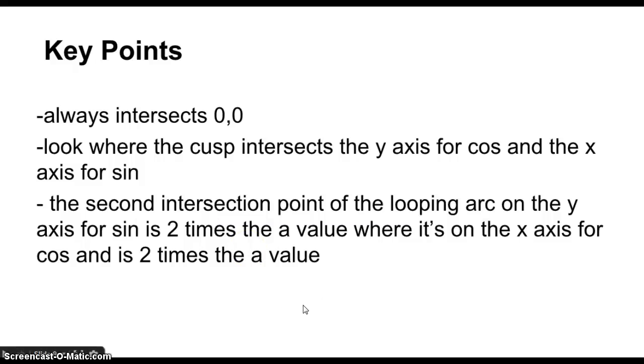The second intersection point of the looping arc after the cusp is, on the y-axis for sine, 2 times the a value, whereas on the x-axis for cosine it's still 2 times the a value. So as long as you can remember those three things: it intersects at 0, 0, the cusp intersects its respective y or x-axis at the a value, and then it'll intersect again opposite the point at 0, 0 at 2 times the a value. Those three things will pretty much allow you to graph any cardioid equation.